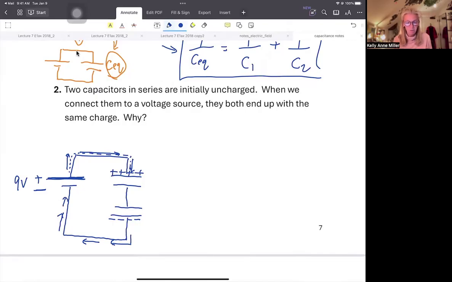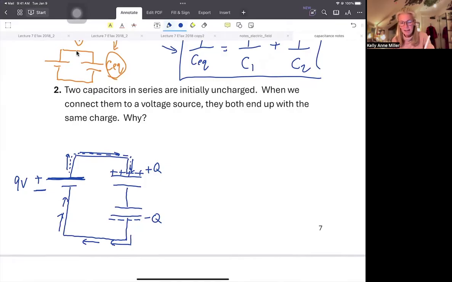And again, if we have a 9-volt battery, that would be like 0 volts. Once you've got an equipotential surface along that whole bottom part, the charge stops flowing. By definition, the amount of charge that builds up on that plate has to be the same, because it's the same potential difference.